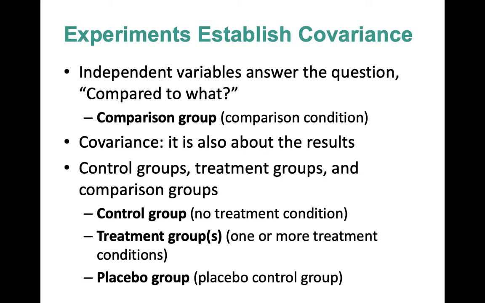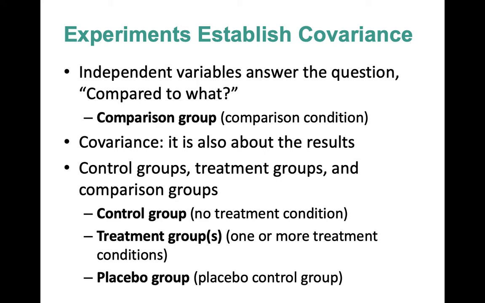So if an independent variable doesn't vary, then there's no way to have a meaningful difference between groups or conditions, so there's no covariance. The benefit of an experiment, by having two different experimental conditions, is we can see if there's a difference across those conditions, and that establishes covariance.